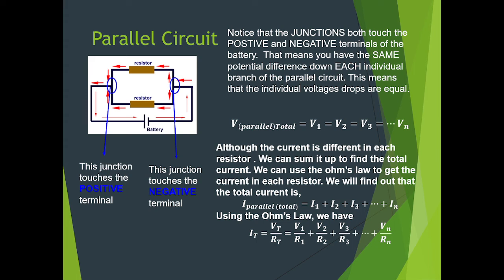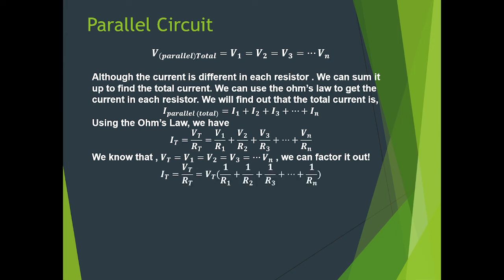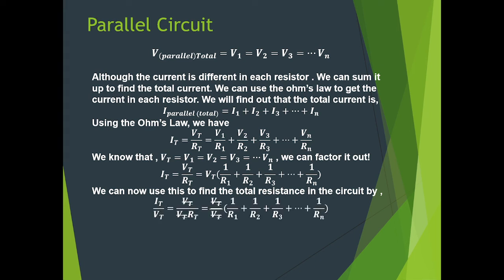And then we use the fact that the voltage is equal across each junction, and hence we can factor it out. We can now use this to find the total resistance in the circuit by dividing both sides of the equation by V sub t. Notice that this is in its reciprocal form. We can now apply these concepts in the sample problem below.